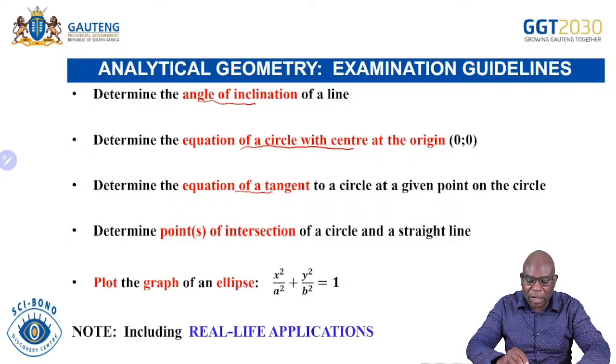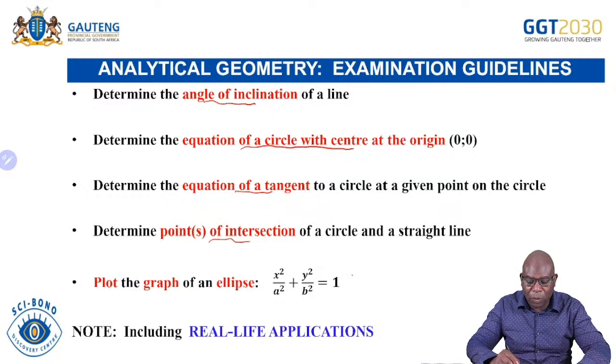The equation of the tangent, I've already talked about that. The points of intersection of the circle and a straight line, that's where you equate the two, or you use simultaneous equations. When you're talking about a circle and a straight line, obviously there will be simultaneous equations, which we know in question 1, we always get that type of question.